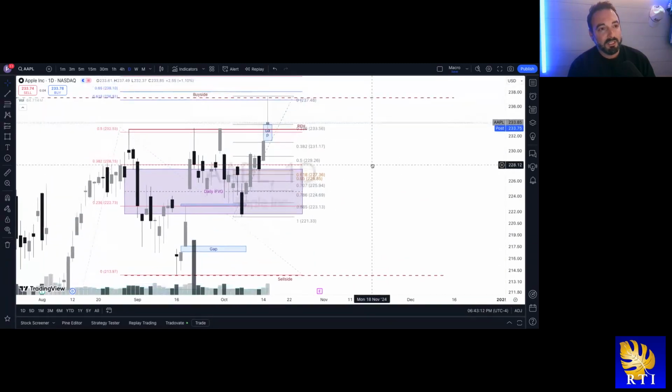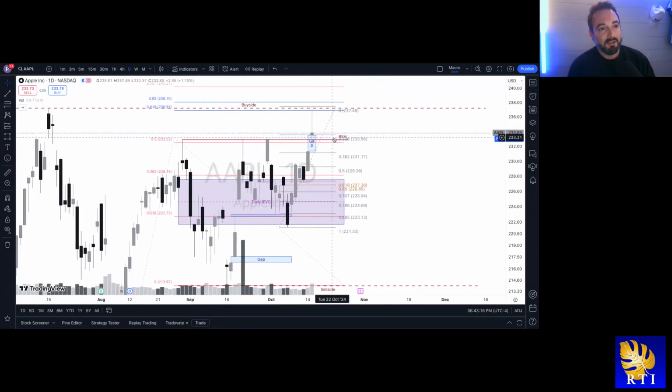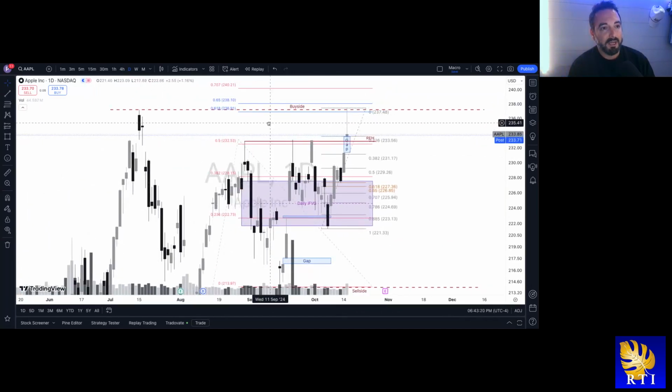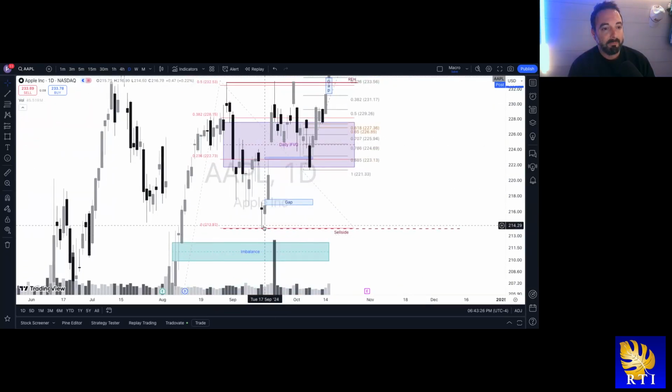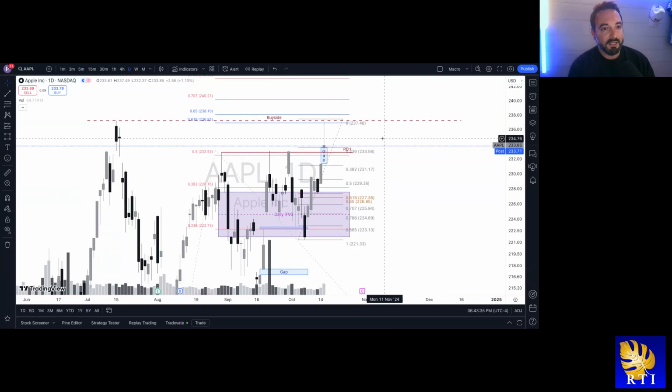I knew we were going to take out these relative equal highs. And I figured once we did that, we would probably take out all-time high buy side, which happened to be, if you drew fibs from this low to this high to this low, the golden pocket extension.